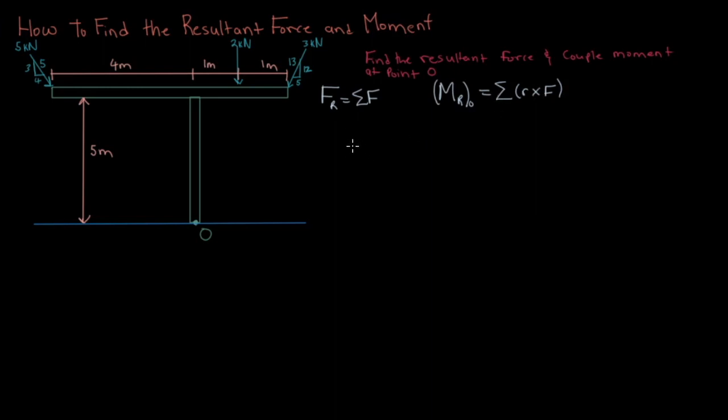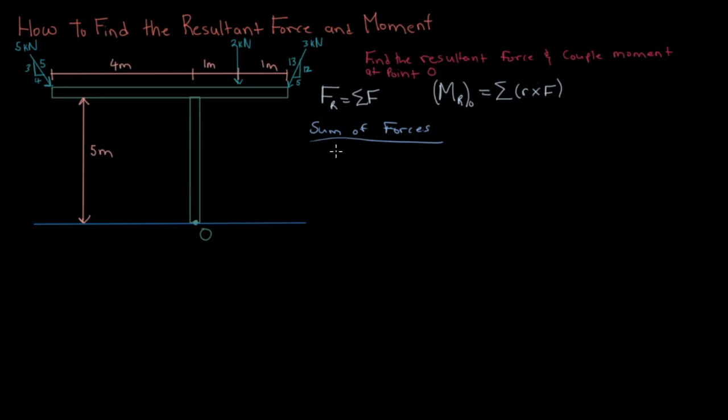To solve this problem, we're going to start by doing the sum of forces first. We're going to find the resultant force first. So let's do that now. Sum of forces. Then we're going to get the sum in the x component, and then we're going to do the y component after.